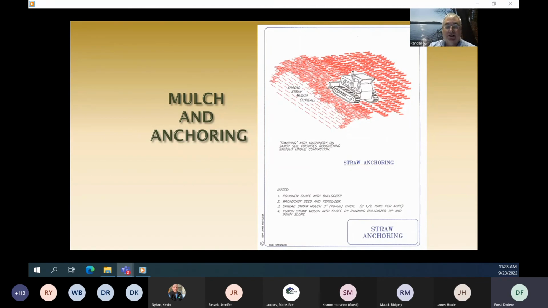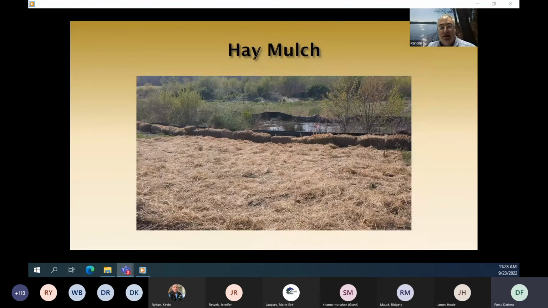If you just spread straw mulch on top of the ground without anchoring it, it may be an issue. In this photo, you can see the nice wetland behind the erosion control measures, and they've spread down hay mulch. This is going to work well as long as we get some moisture down on there and it starts anchoring itself.